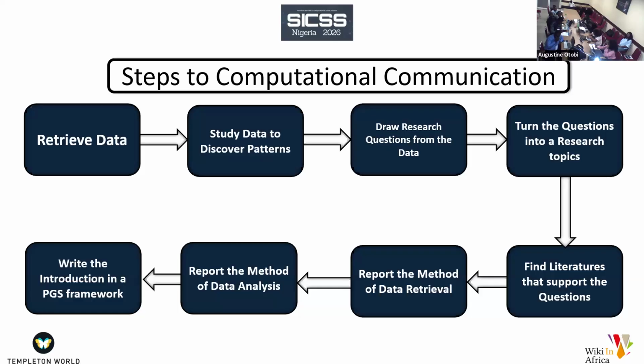Now, when you're finding your 20 papers that would support whatever you're writing, some of them must support the method, some of them must support the problem, some must support the solution you're bringing, and some must support the application.